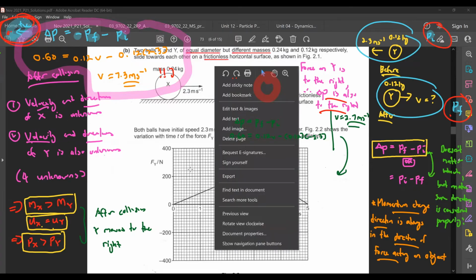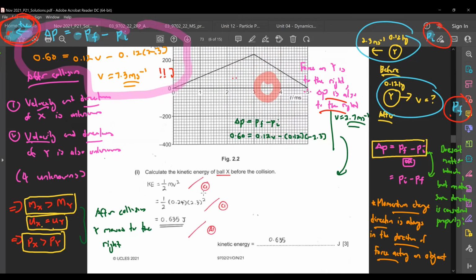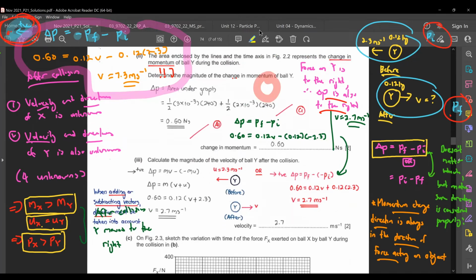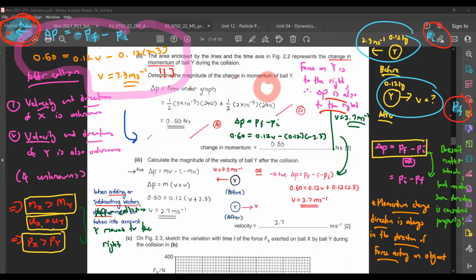Now you see, if you change the momentum change to negative, you will get the correct answer. Let me just write it down here. If you write it properly, negative 0.6 equals 0.12b minus 0.12 times 2.3, you're going to get b as 2.7 meter per second.